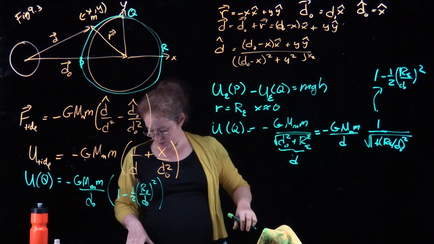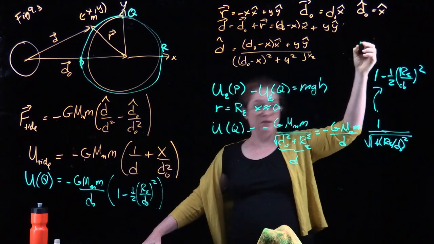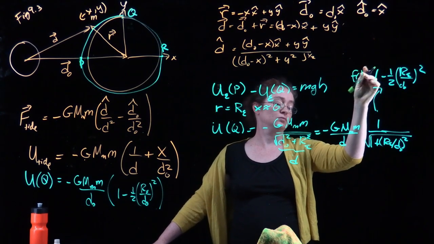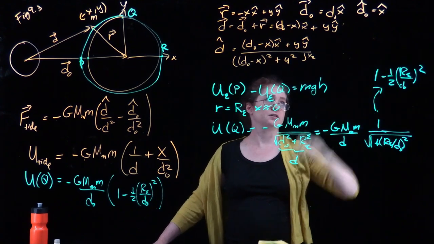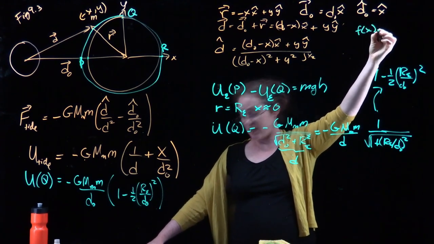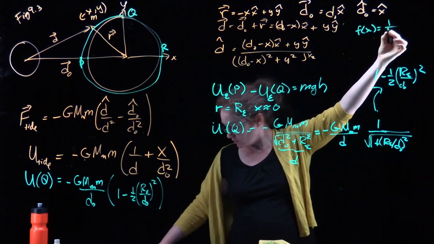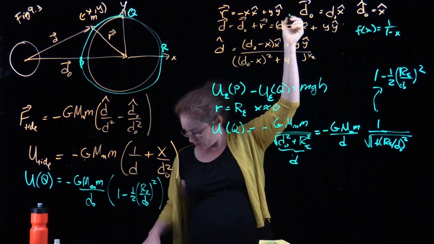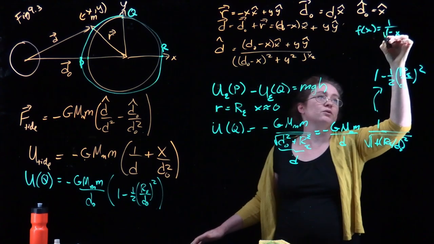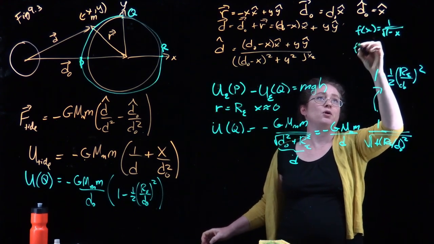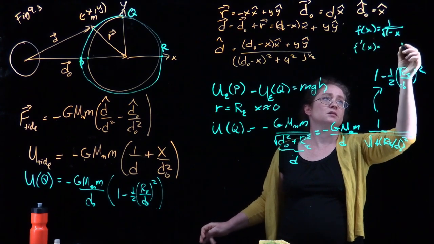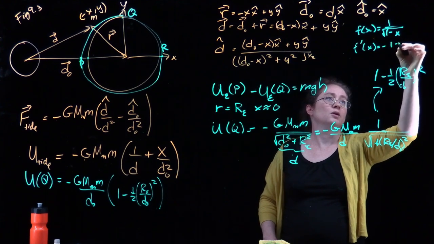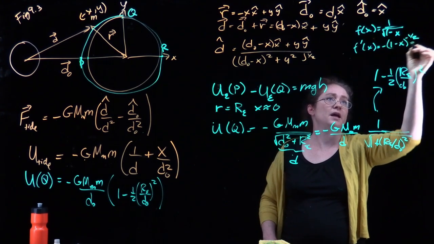And then let me just give a refresher on Taylor series. If we have f of x equals 1 over the square root of 1 minus x, and then you do f prime of x, this is equal to negative 1 minus x to the negative 1/2.